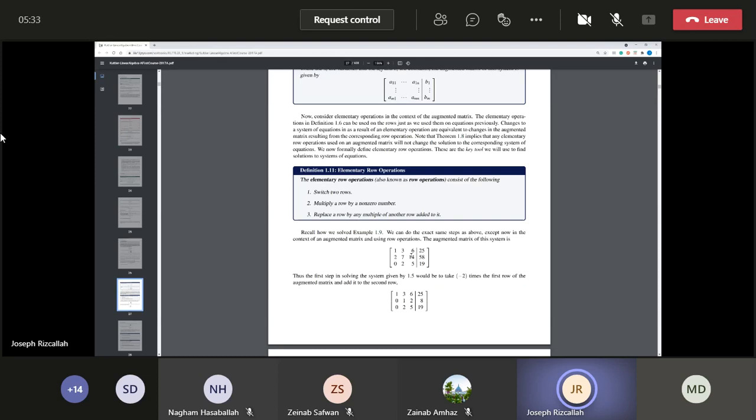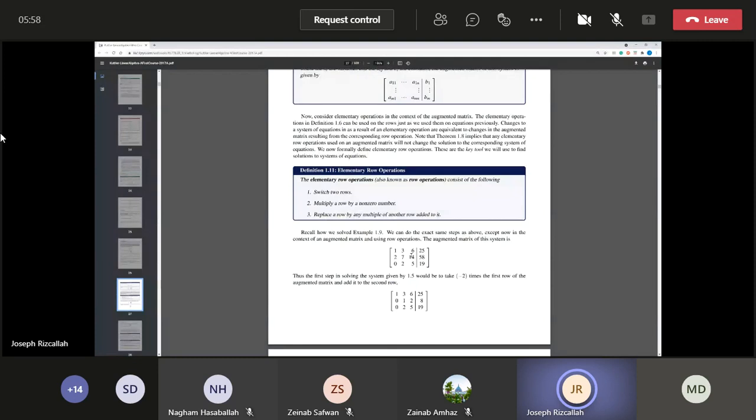For example, you can interchange, let's say, the top row and the bottom row, right? You can multiply any row by any non-zero number, okay? And then you can multiply a row by a number and add it to another row and replace the row by that one, okay? So we have seen this, and these are called usually elementary operations or just row operations on the matrices.